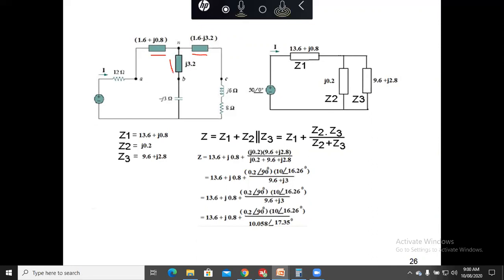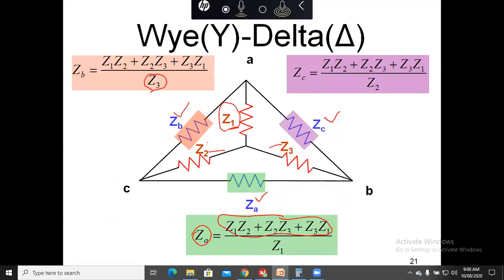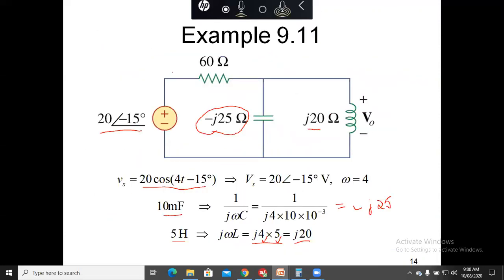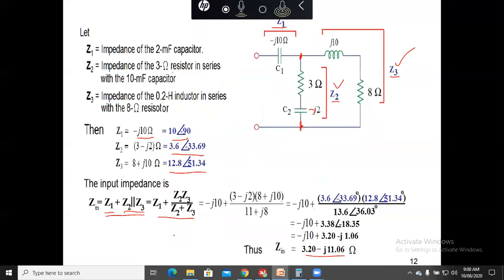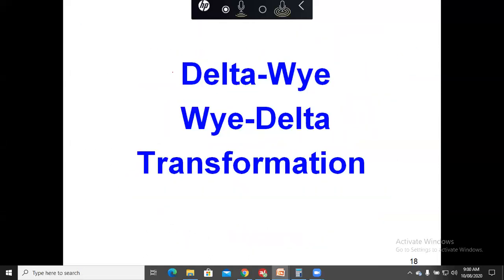And now the problem is very simple. It is the same as the problem we did before. There are two parallel networks and one series network.